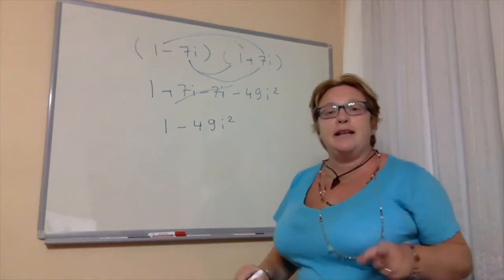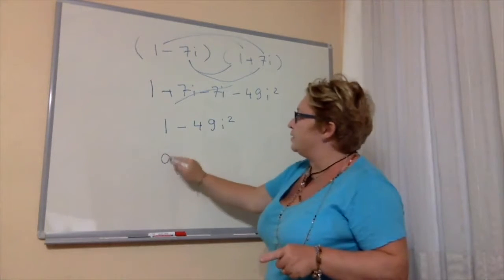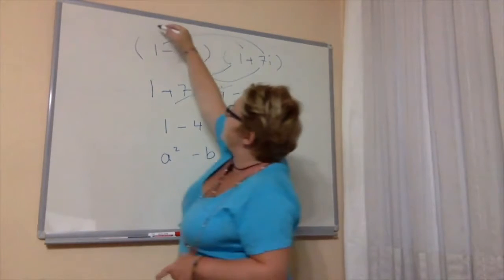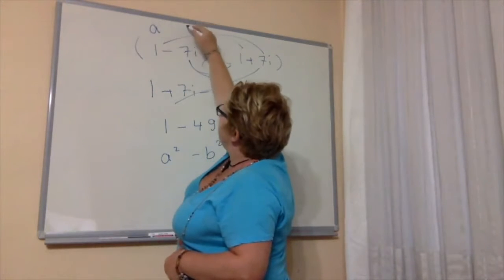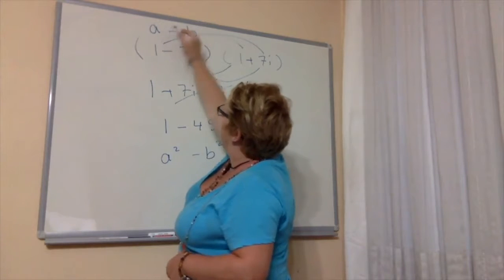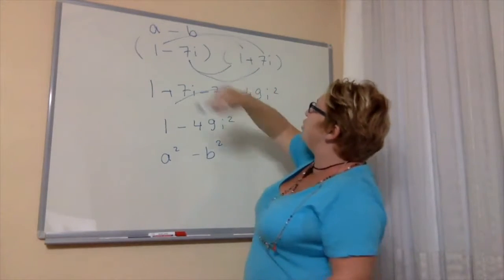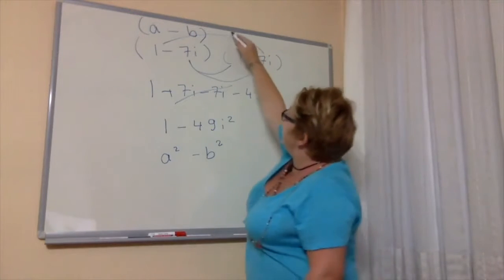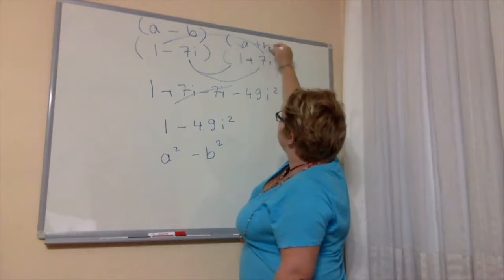We may also think of this as a squared minus b squared, where a is 1 and b is simply 7i. So we can think of this first factor as a minus b and the second factor as a plus b.